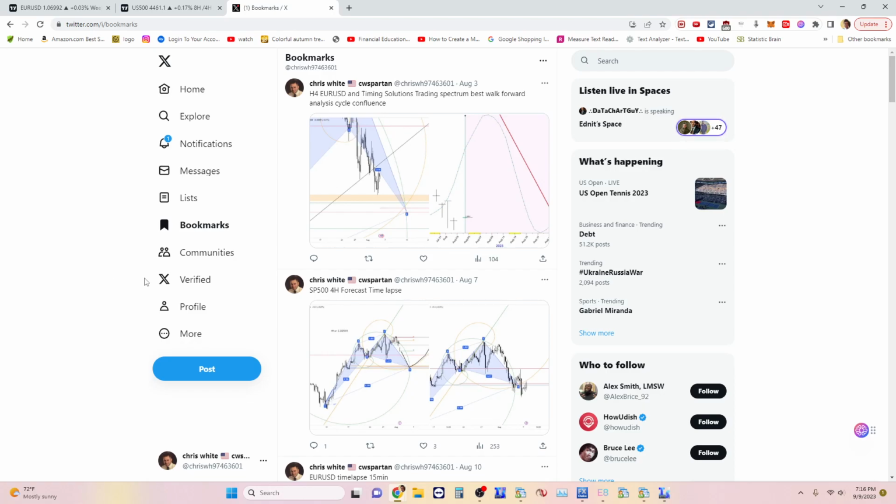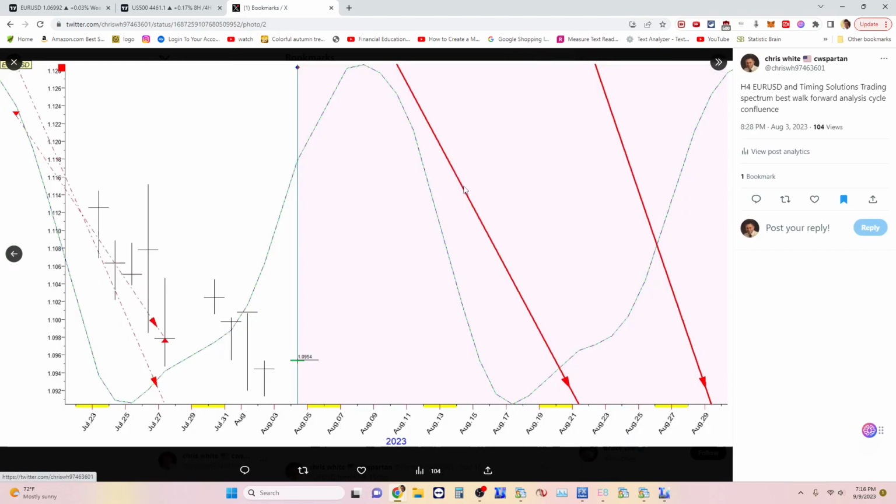So this is an example where this is trading spectrum, and I just did the one-click run cycle, and this is what it came up with. This was made on around August 4th, and it projected a price bottoming around August 17th, going up and then going down.